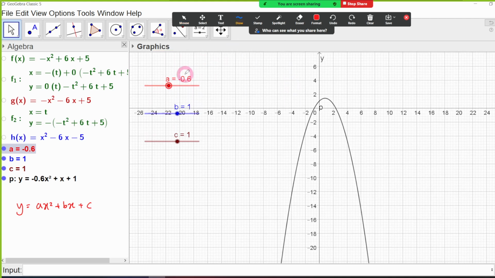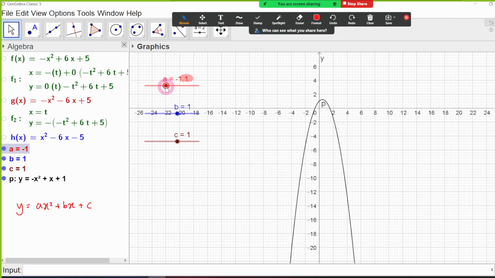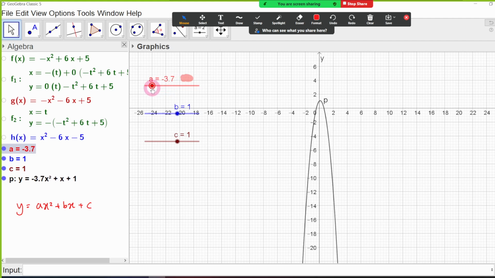Now what do we need? Just focus on this. Ignore the negative. Negative just tells you the graph is concave down. You will notice that when I increase the value here, it becomes narrower and narrower. Right?